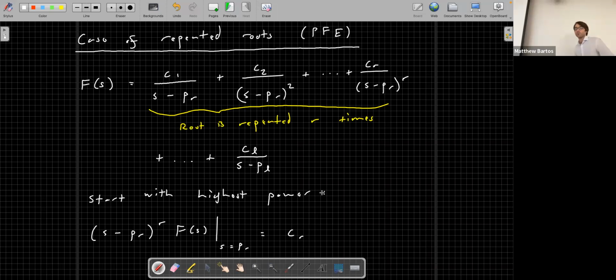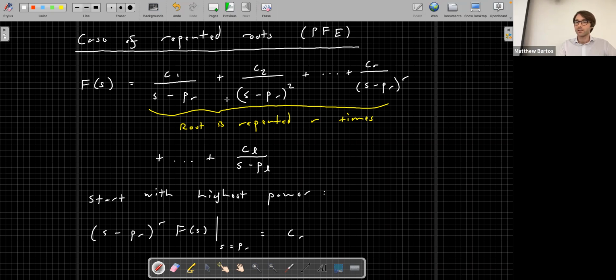Okay. And you can see this in the same way as before. If we multiply through by (s minus pR) to the rth power, all of the other terms except for this one go to 0 when we evaluate at s equal to pR. So we start with the highest power. That gives us CR.